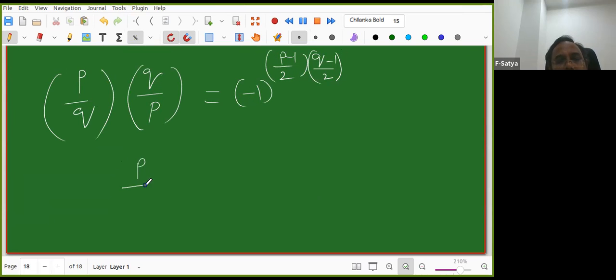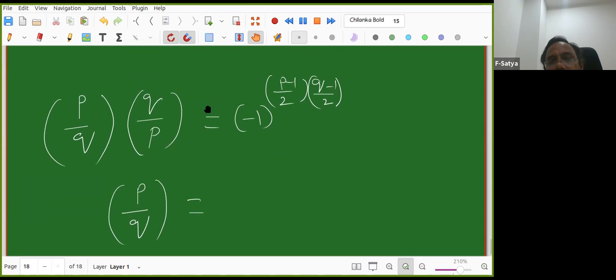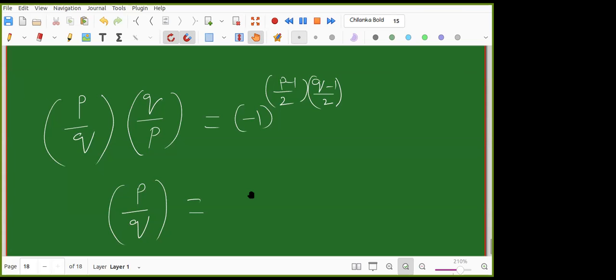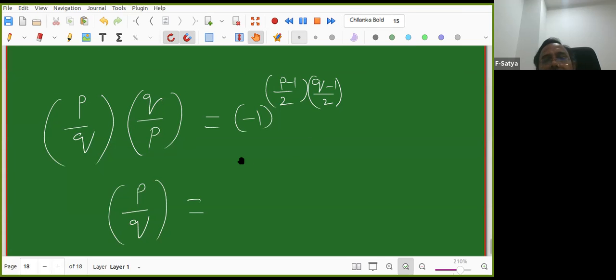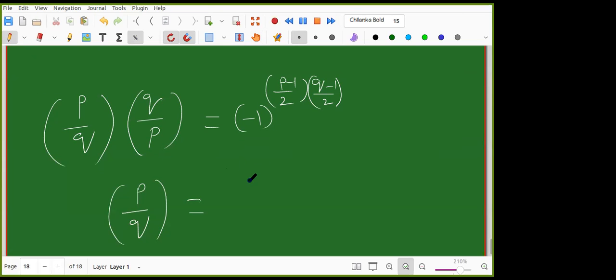But now I want to express (p/q) equal to, I want to take (q/p) to this side. How can I take it? I'm asking this now because I proved something. How far can you utilize it? Okay, somebody else. Sir, can you multiply by (q/p), because it's 1 or -1 only?